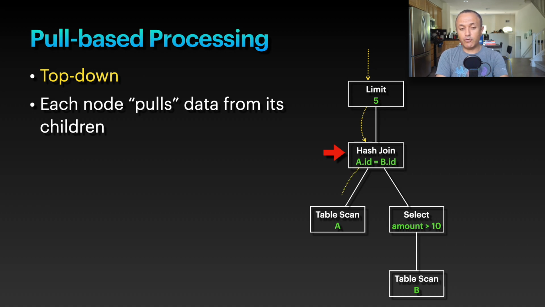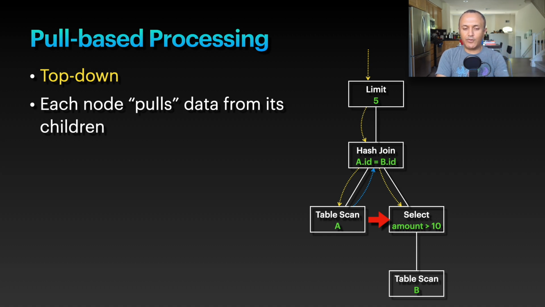The hash join is going to call the table scan. So now execution is at the table scan. This will return a row to the hash join. It might call it again to get the next row, and again to get the next row, and so on, until it's done with that side. Then it's going to start calling the other side. Again, the execution is moving from one node to the other. Each of these nodes is only active when it's being called by its parent, right?